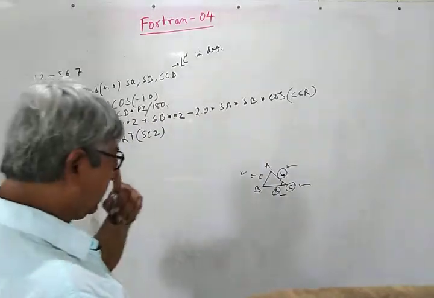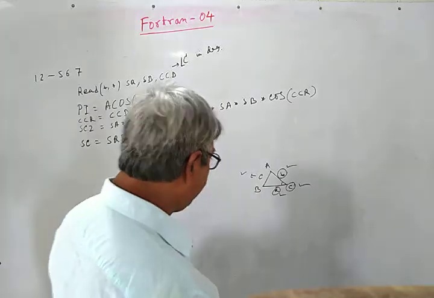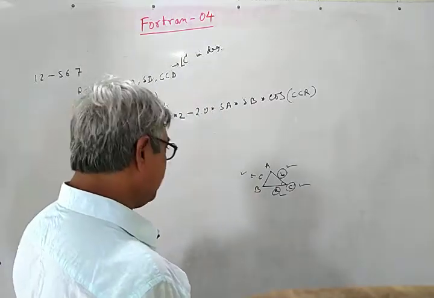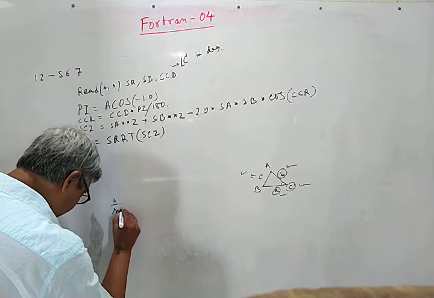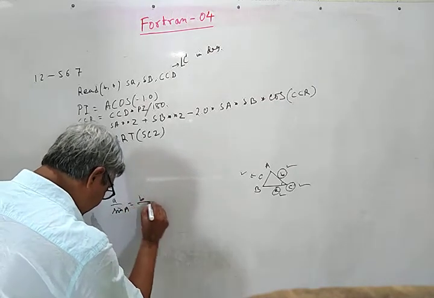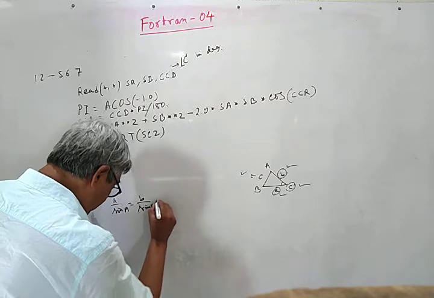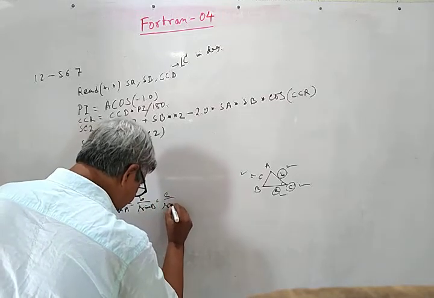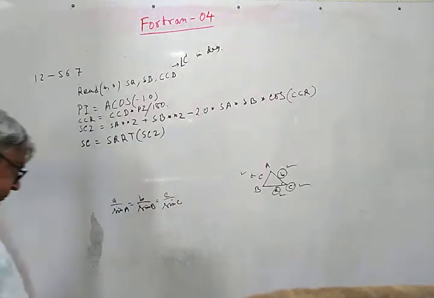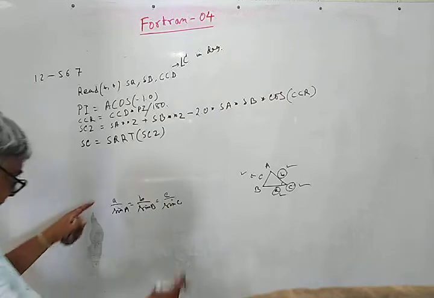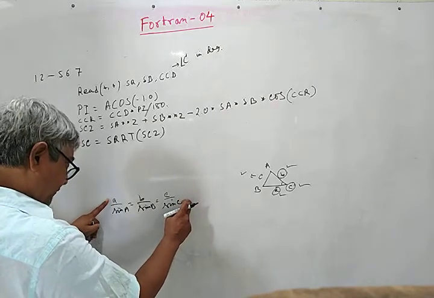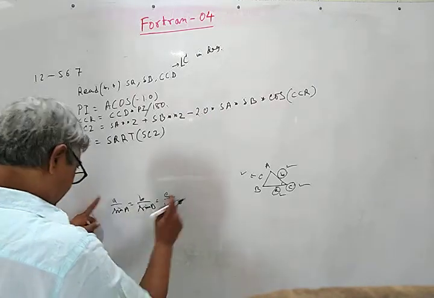Now we need to calculate A and B. The A and B can be done in this way. We know that a by sine A is equal to b by sine B is equal to c by sine C. So firstly, all the small sides a, b, c are known. So you can take these two equations and find out the angle A.